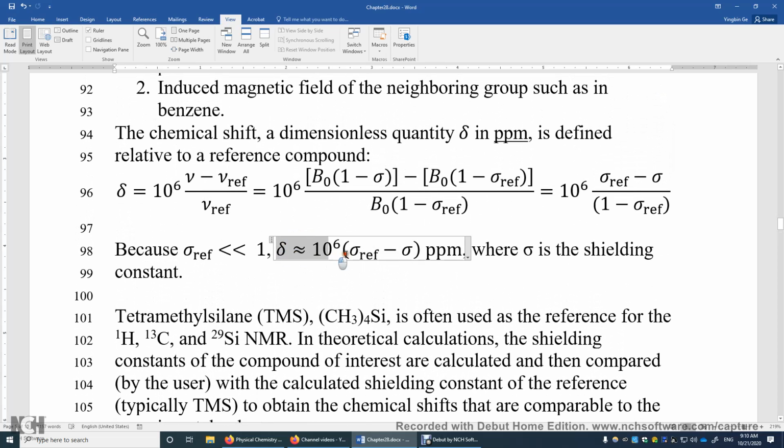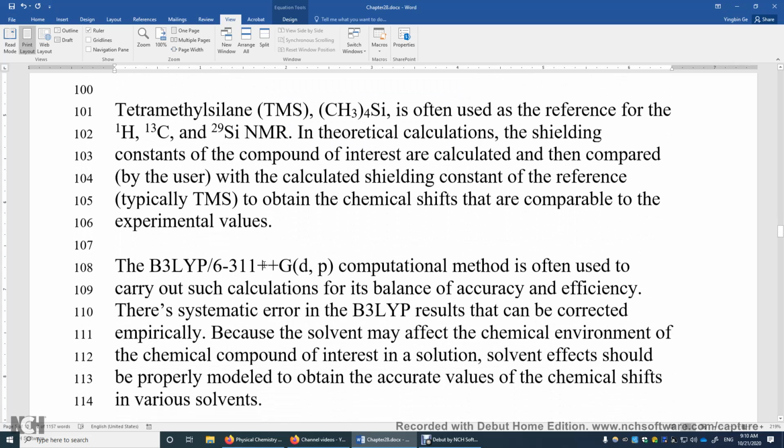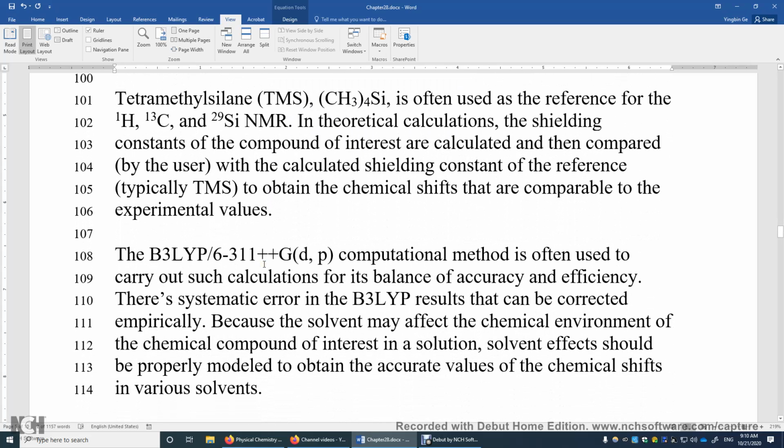All right, and then you will be able to get the value of delta in ppm. So this is how we do theoretical calculations of the chemical shift. It's not just the molecule of interest. You have to calculate the reference TMS in this case using the same computational method and the same basis set.